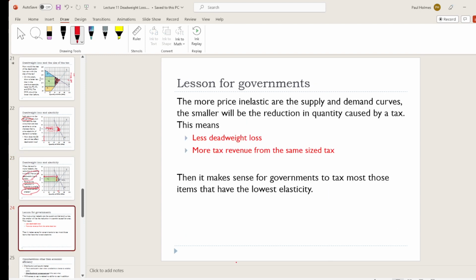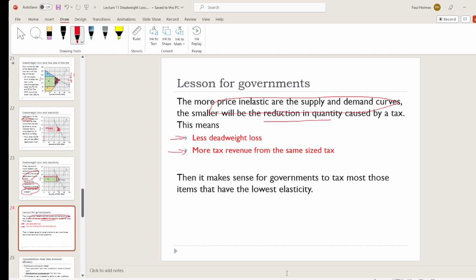So this is an important lesson that governments can learn, and one that they've actually taken to heart in a lot of places. The more price inelastic are those supply and demand curves, the smaller is going to be that change in quantity, and hence we get less deadweight loss and more tax revenue.